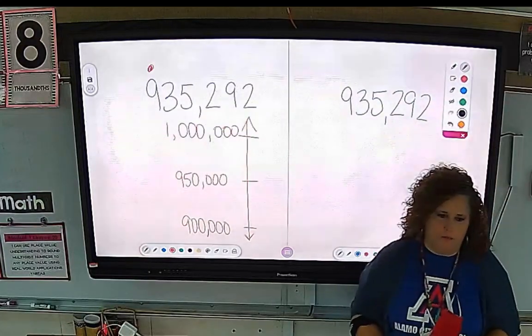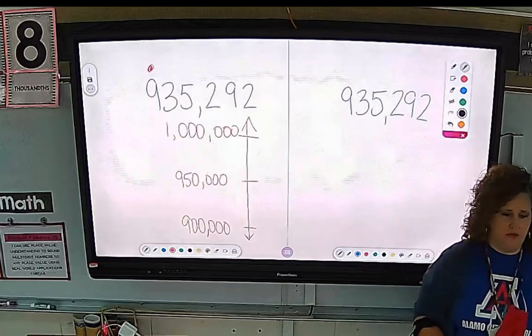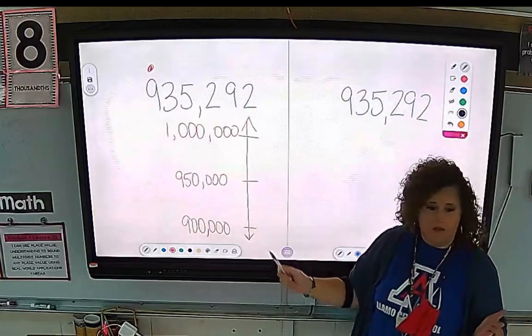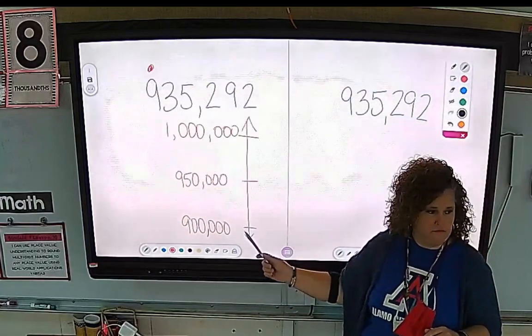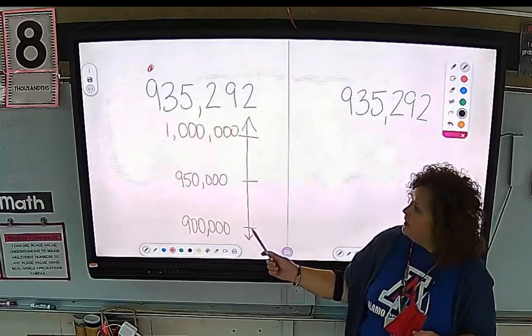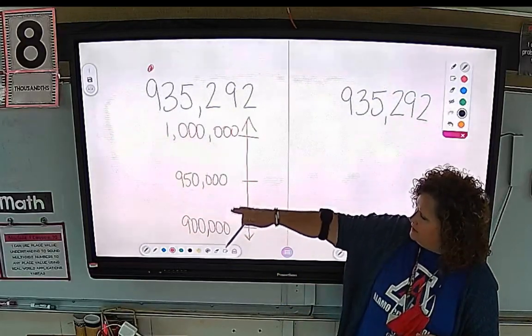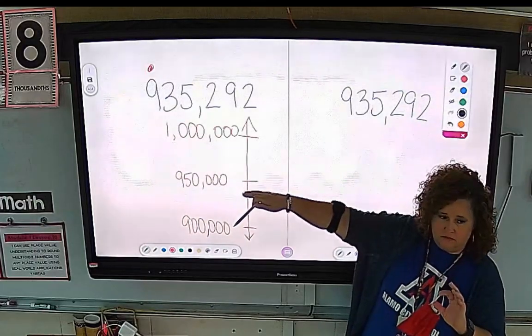All right. Raise your hand if you think this number would be in the top half of the number line. Would this number be in the top half? Some think. Would this number be in the bottom half? I know. Some think in the bottom half. Okay. If we're at 900,000 right here, and the next time we get to a tick mark, it's 950,000.